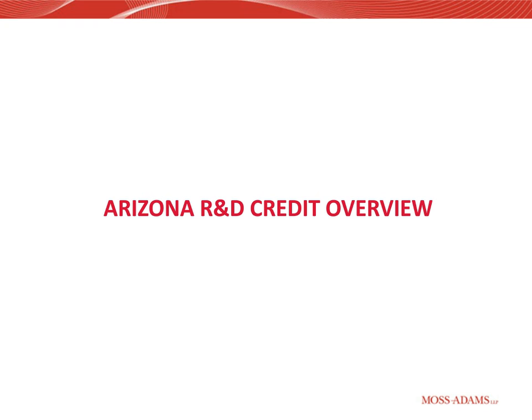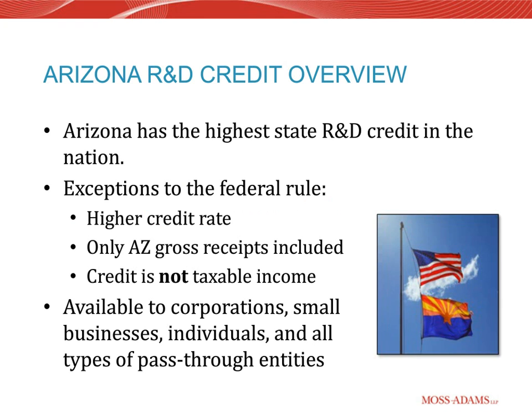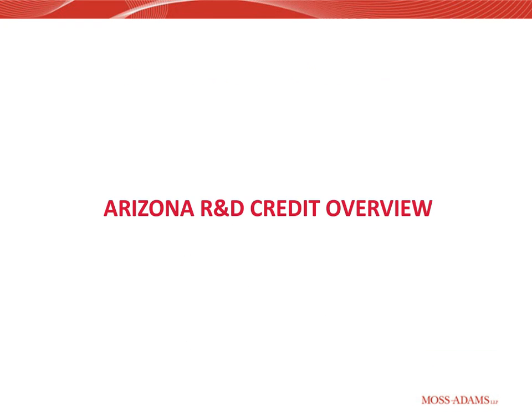So very lucrative, 24%, but also really easy to get with only Arizona gross receipts, as well as not taxable. It is available to corporations, small businesses, individuals, and all types of pass-through entities. The reason we mentioned that is that there were previously some restrictions on the type of entity that could claim the Arizona credit, but those have been lifted, so it's open to all entity types.